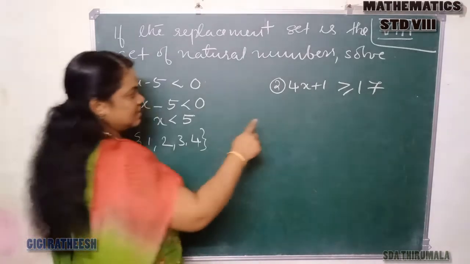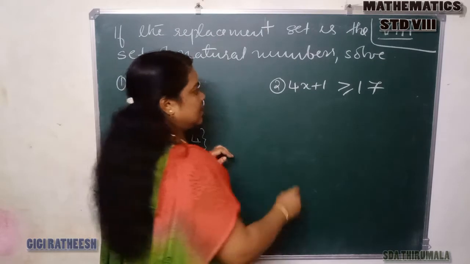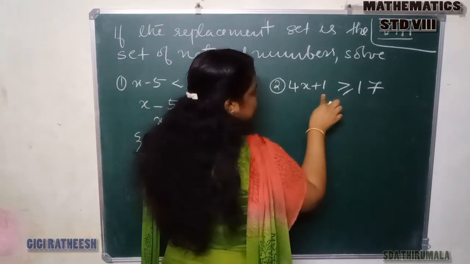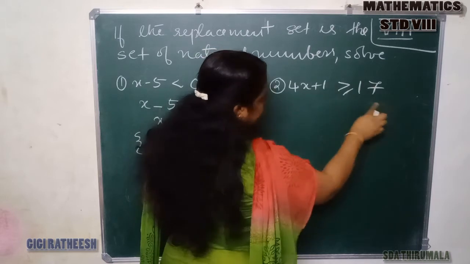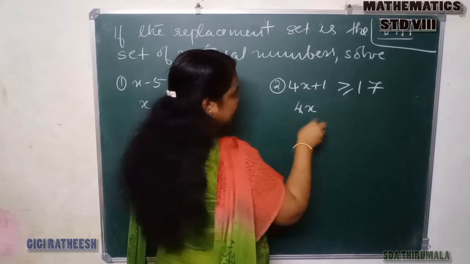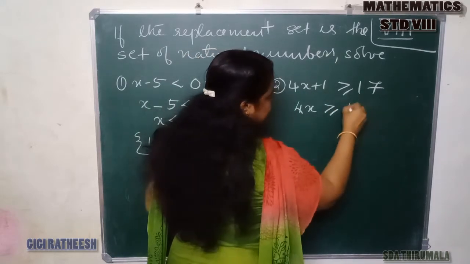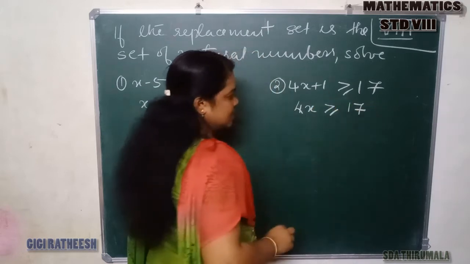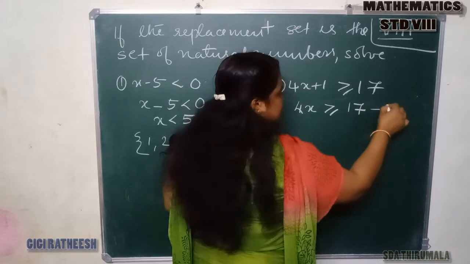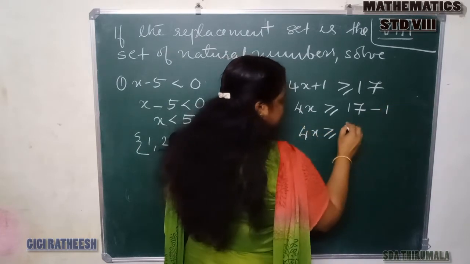Here is another question, 4x plus 1 greater than or equal to 17. Take this constant to the right side. That is 4x here, and this plus 1 taken to the right side changes to minus 1, so 4x greater than or equal to 17 minus 1, which is 16.